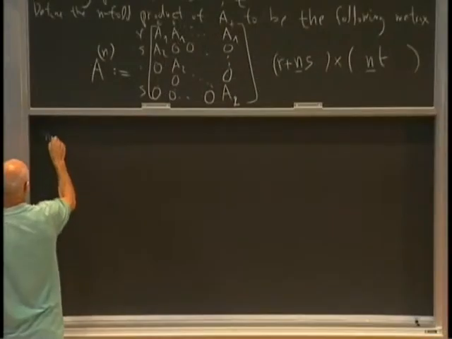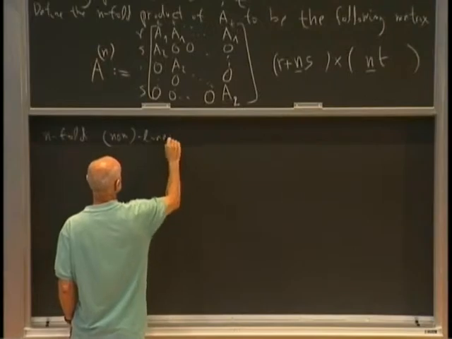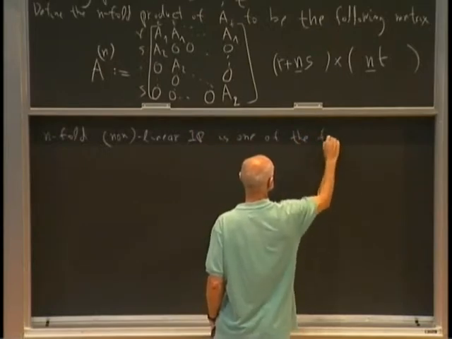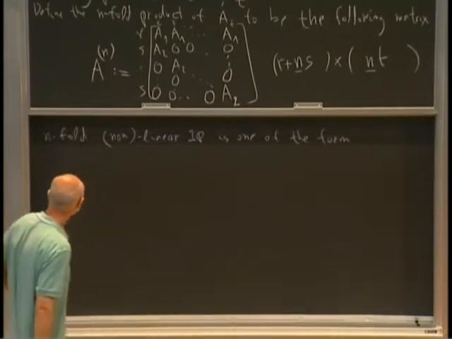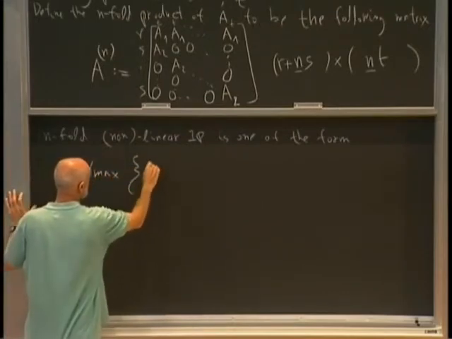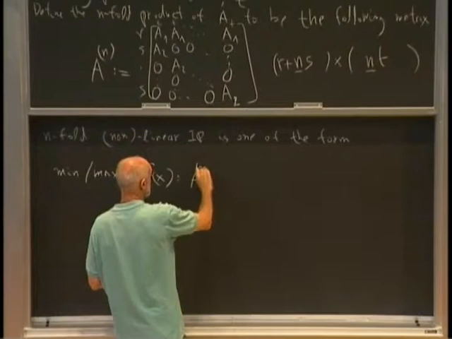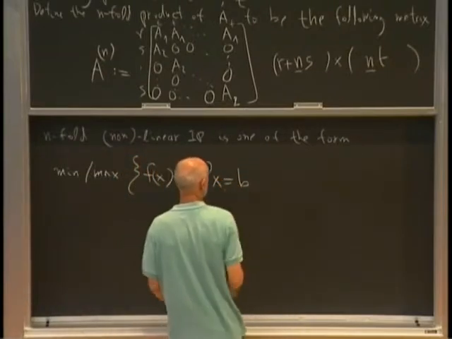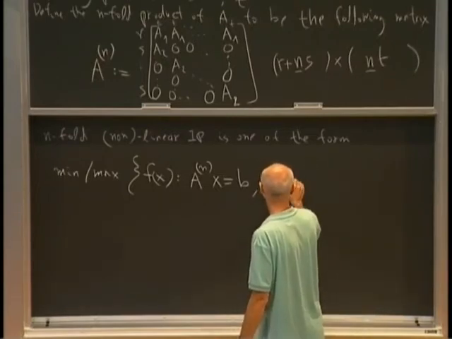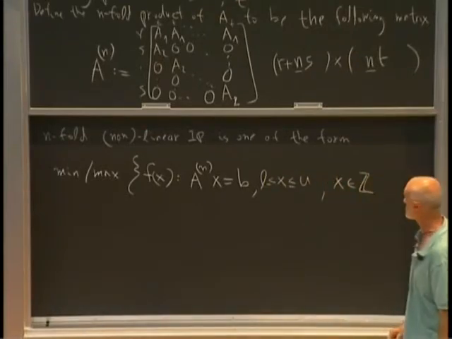So an n-fold linear or non-linear IP is one of the form: min or max some objective function such that A^(n) x equals b, and the same thing, x in Z. Which Z?